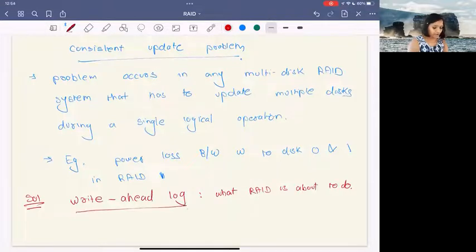If you're already thinking that if there is a power loss, wherever we are storing what RAID is about to do, even that will be lost, right? So we need to have an alternate redundancy for that component as well. Every time we talk of redundancy, there's redundancy in content and there is redundancy in time most of the time. And here what we are talking about is redundancy, not in terms of data, but in terms of externally backed RAM.